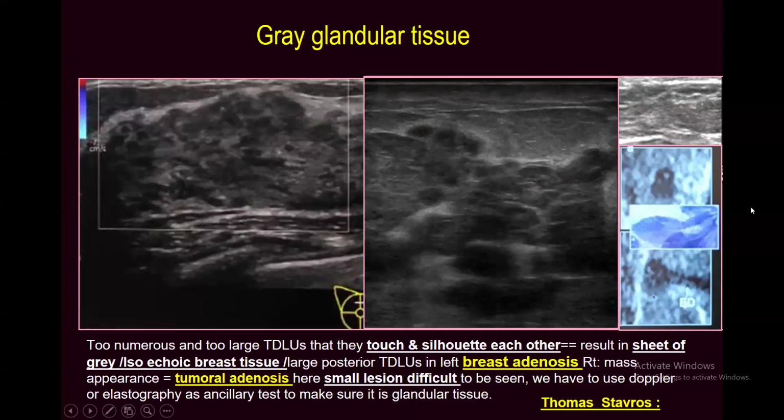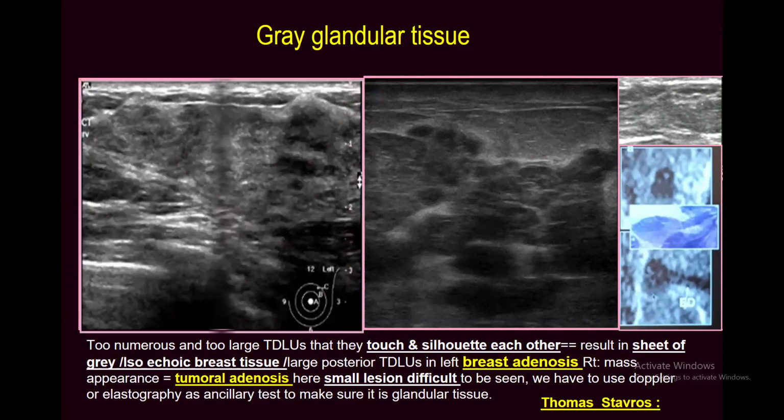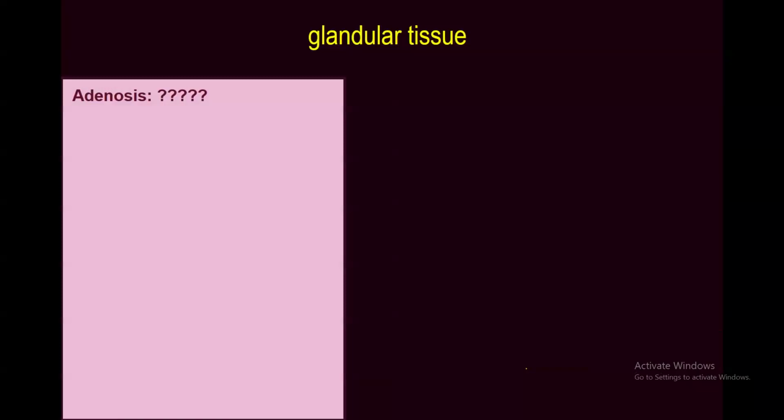This example looks more or less the same, with enlarged TDLUs, but it is cancer, and this is my patient. Again, this is adenosis. So we have to be cautious. We cannot always say confidently this is adenosis.